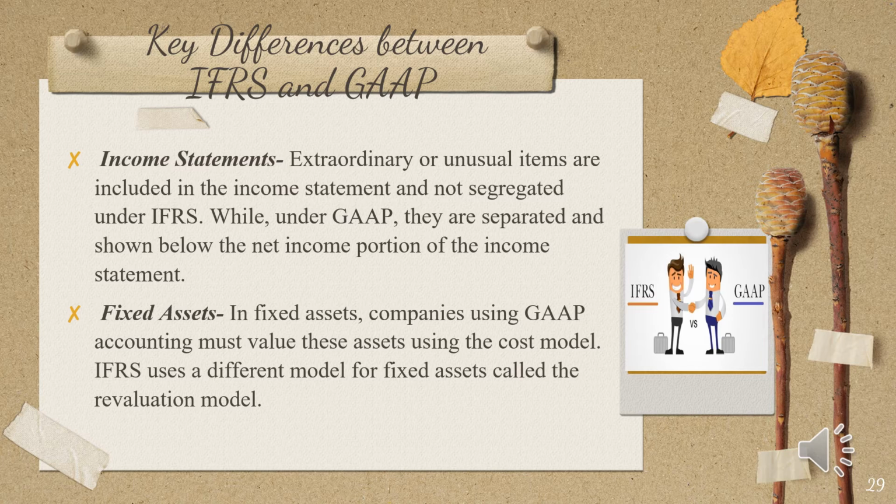Yung treatment naman ng income statement using IFRS ay magkaiba. Reported in investing section of the cash flow statement yung interest and dividend income, while yung interest expense naman ay reported siya under financing section ng cash flow statements.